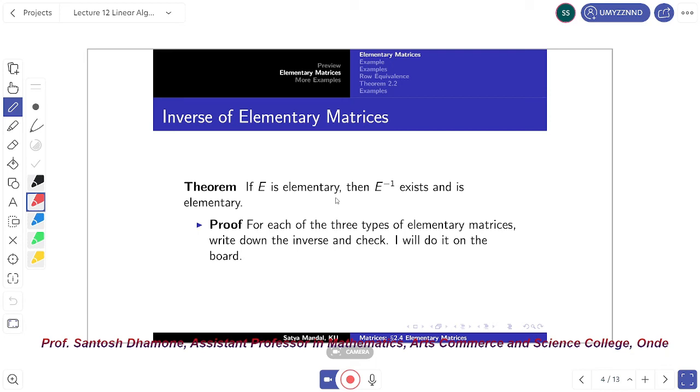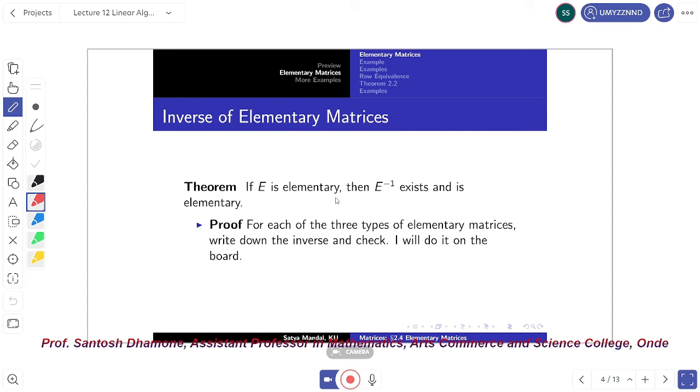We obtain a matrix: the first row 1 0 0 is the same as I3, but in the second row we apply R2 plus 3R1, multiply row first by 3 and add it to row 2.